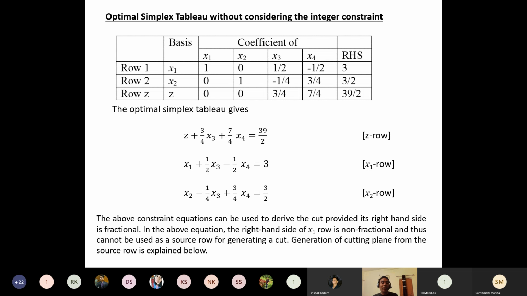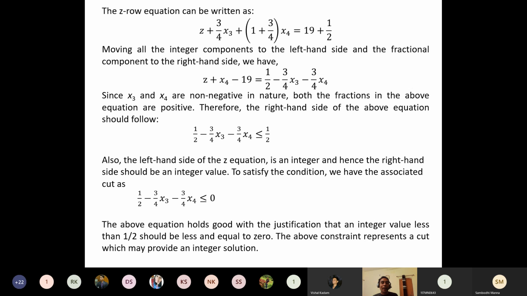You cannot leave it as minus 1/4 x3, because though it is less than 1, it is a fractional value. So you have to make it minus 1 plus 3/4, always a positive fractional value.